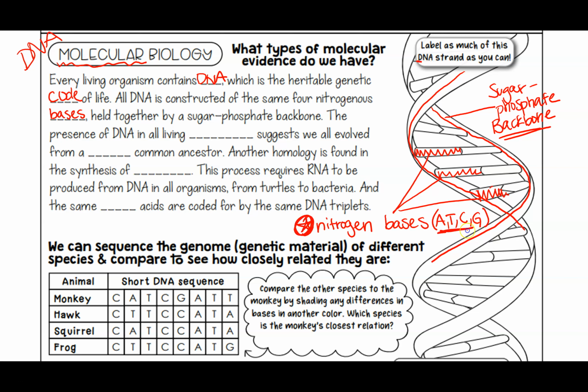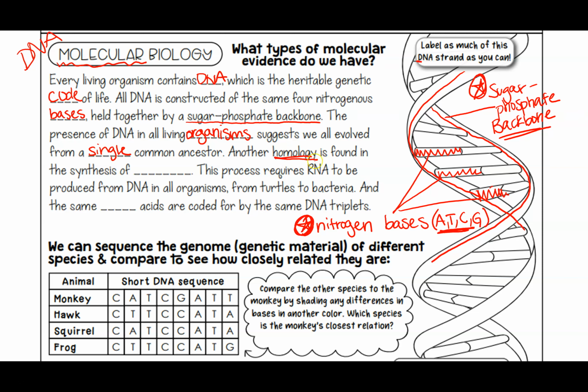The same 4, held together by a sugar phosphate backbone. Boom, right there. The presence of DNA in all living organisms suggests we all evolved from a single common ancestor.